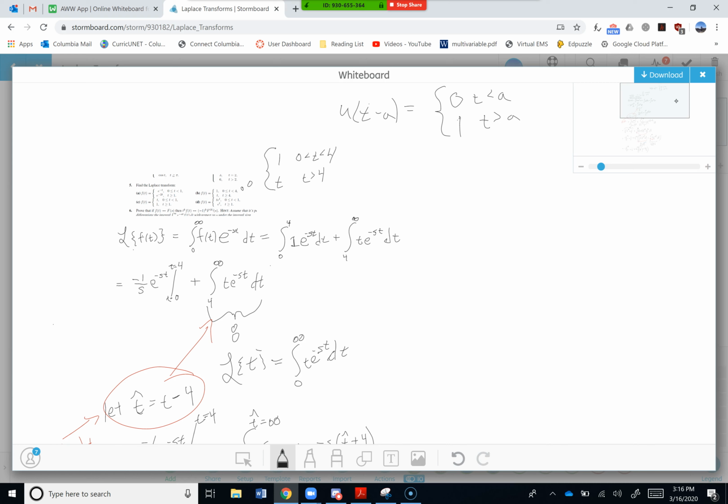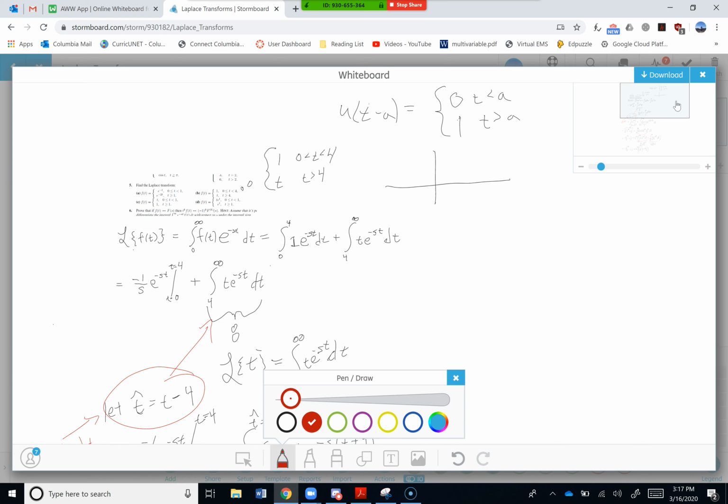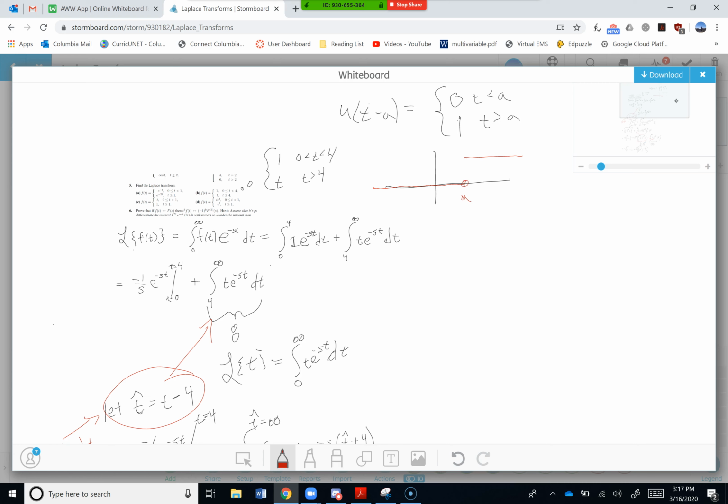Graphically, that looks like maybe a is a value over here. It's off until we get to a, and then we jump to on. Does that idea kind of make sense?